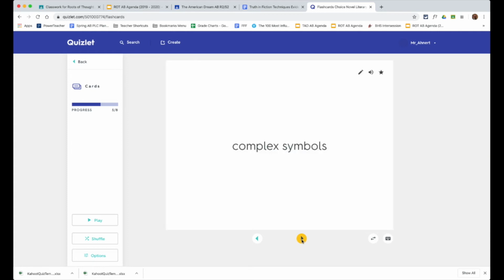Complex symbols. A symbol is any object that presents itself in a narrative as something that should be there. Like, it can't come out of nowhere. It has to make sense. So when Guy Montag has a Bible in his hand, he doesn't just create it out of nowhere. It's one of the many books that he has swiped while on the job.